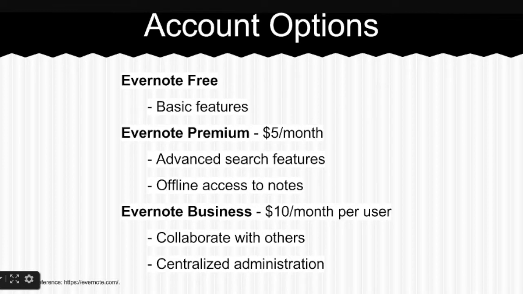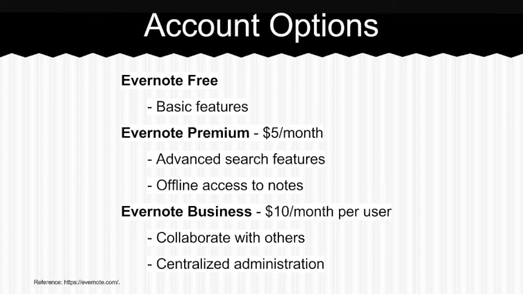Okay, so Evernote accounts, very simply described: you can have the free account, which shows the basic features that have been shown to you here today, and a premium account, which is $5 a month. It has some advanced features, and it allows you offline access to your notes, which you cannot get with the Evernote free version because that internet connection allows the app to synchronize across devices.